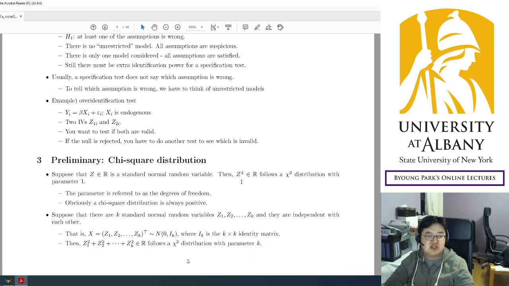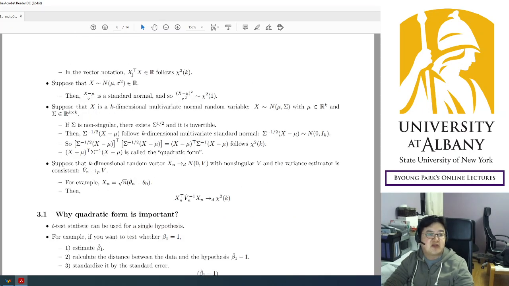Square is generalized to vector multiplication, x prime x in the vector case. And when you have a non-standard variance matrix, you have to include the inverse of variance in between x prime and x. That's a natural generalization, and it is also called quadratic form.